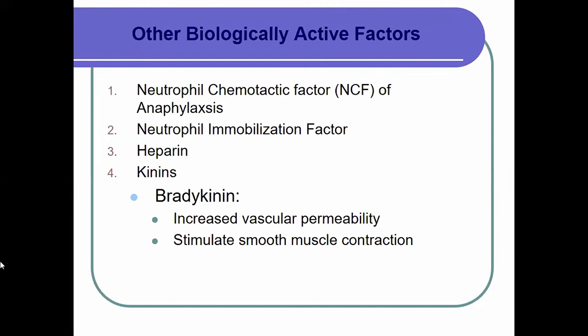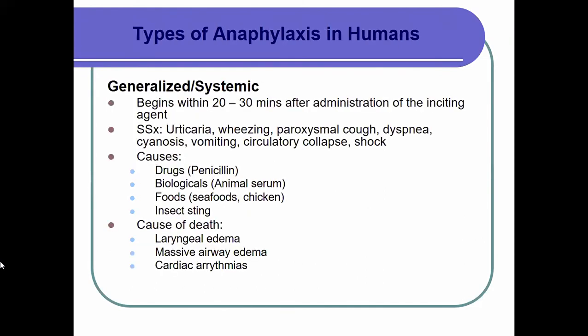Other biologically active factors we have are the neutrophil chemotactic factor of anaphylaxis, the neutrophil immobilization factor, heparin, and the kinins. So we have bradykinin. It causes increased vascular permeability, and it stimulates smooth muscle contraction.